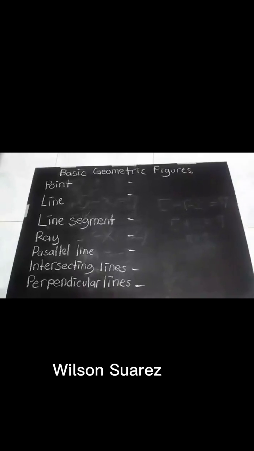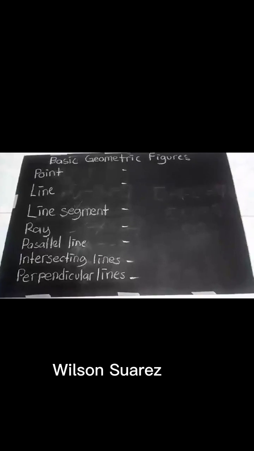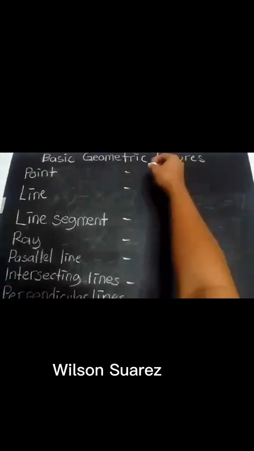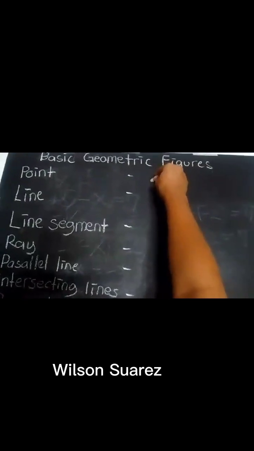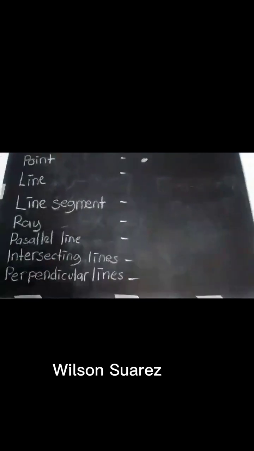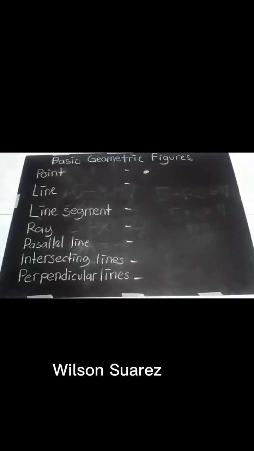Let's start with the point. Point is, for example, like that. The next is line.